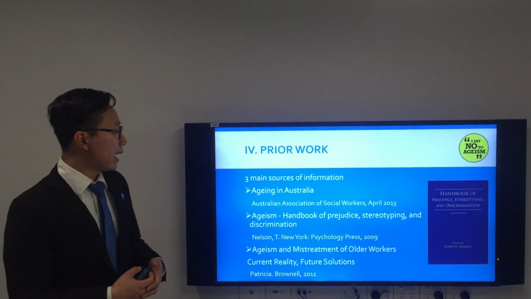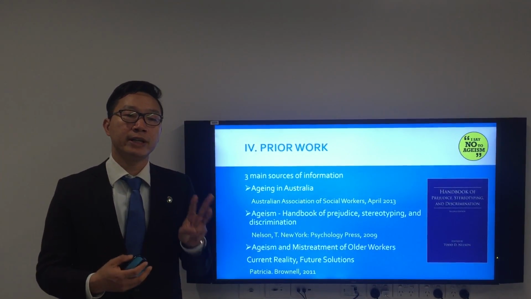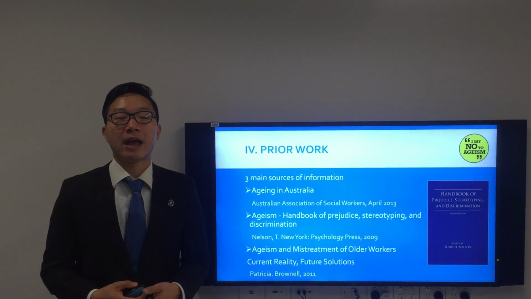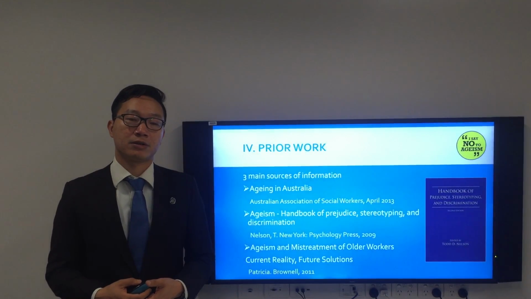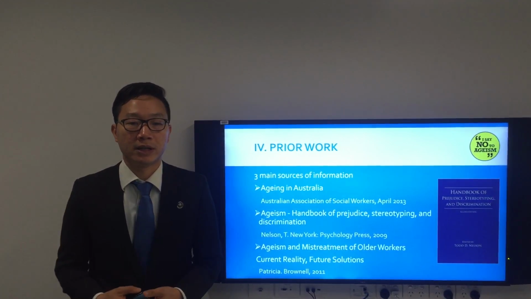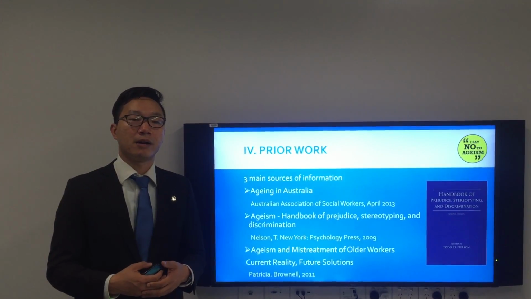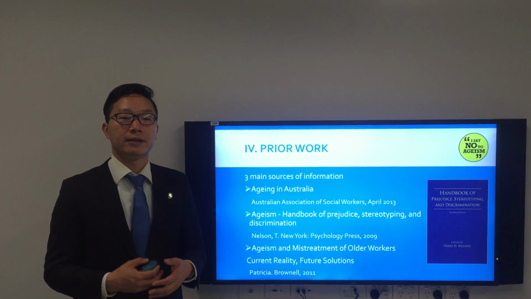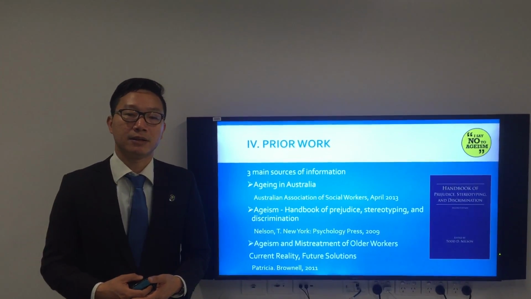In terms of prior work, there are three main sources of information on ageism that have been located in this research. Firstly, Ageing in Australia, which was published by the Australian Association of Social Workers in April 2013.